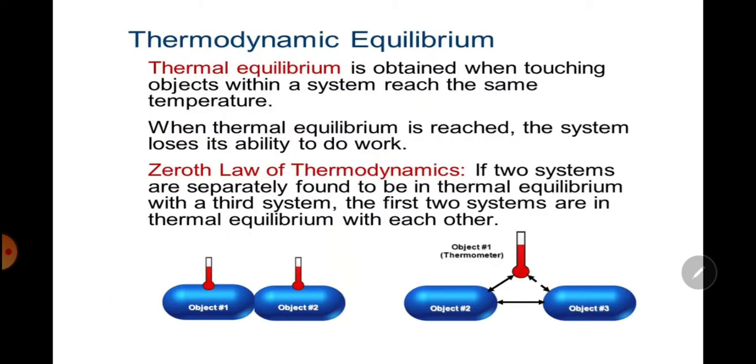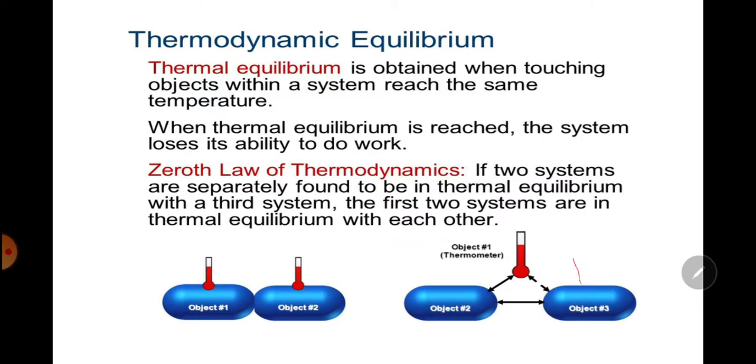Thermodynamic equilibrium. Thermal equilibrium, zeroth law. If two systems are separately found to be in thermal equilibrium with a third system, then the first two systems are in thermal equilibrium.